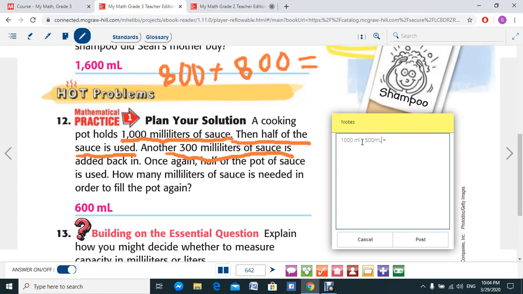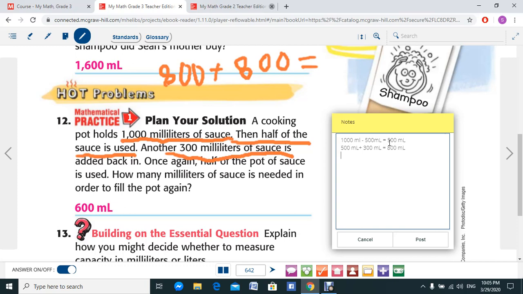Be careful that in milliliter we use small m and capital L. Okay, so how much is still in the pot? 500 milliliters. Now we added another 300 milliliters. So it has 800 milliliters.